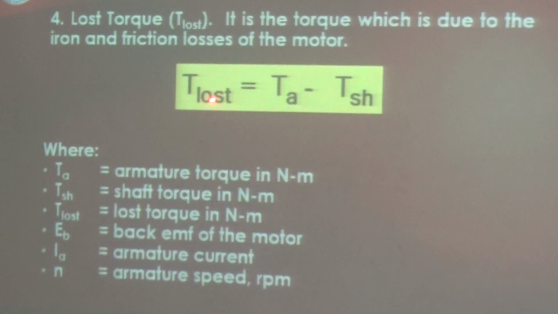The loss torque is equals to the armature torque minus the shaft torque. So wherein TA is the armature torque in Newton meter, shaft torque is the shaft torque, then loss torque. EB is the back EMF of the motor. IA is the armature current, and N is the armature speed.